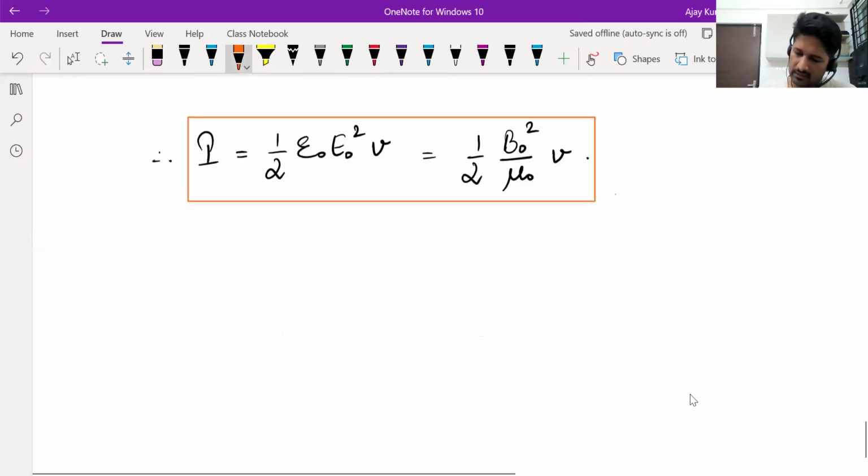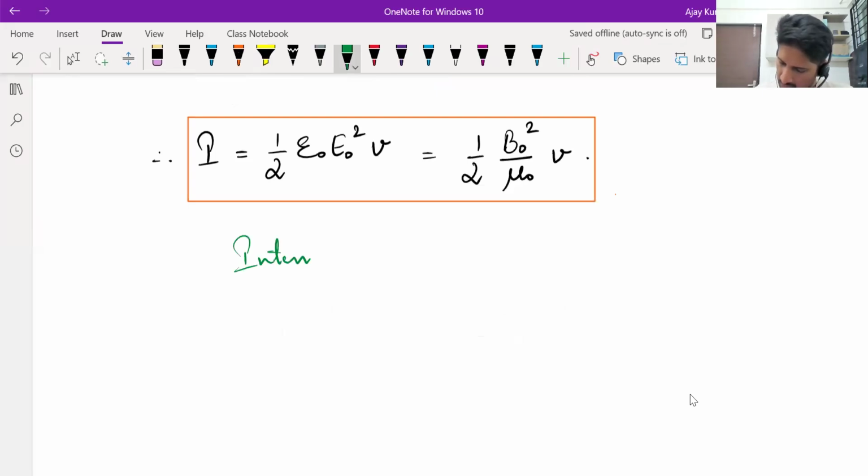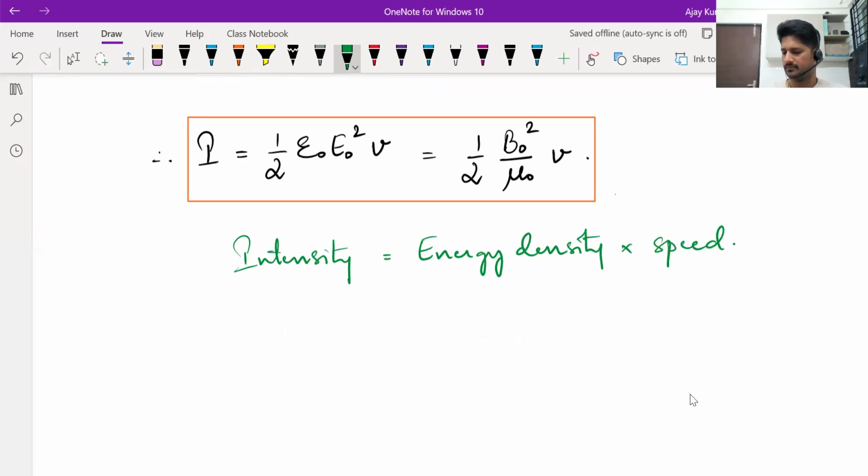You can even remember it like this. Intensity is energy density multiplied with the speed.